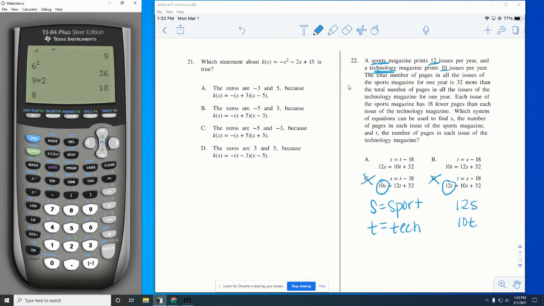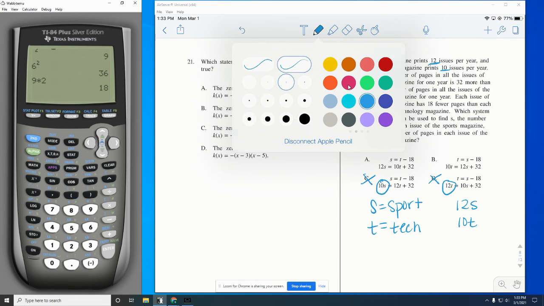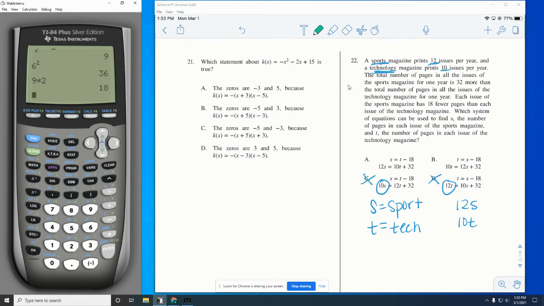Then another important piece, excuse me, if I'm looking at A and B, the bottoms look kind of similar and the tops look kind of similar. They have the minus 18. It's just which one goes on the outside. So remember, whatever goes on the outside is the one you have more of, okay? And so if we find the 18, sports has 18 fewer than technology.